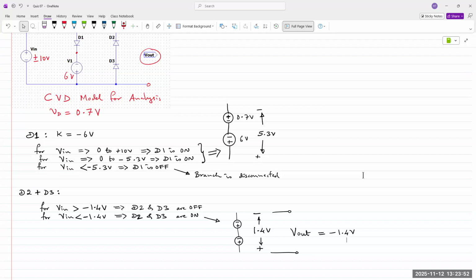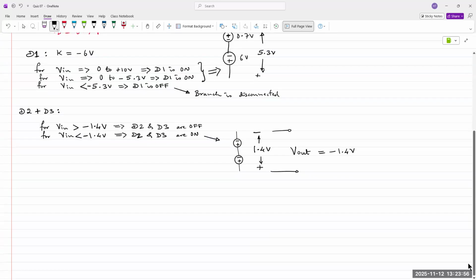So when you combine these two branches together, between, as was pointed out earlier, 5.3 and 1.4, all of them are on. What happens then? When you combine those diagrams together, this is what happens. So 0.7, 6 volts, and then we have this.